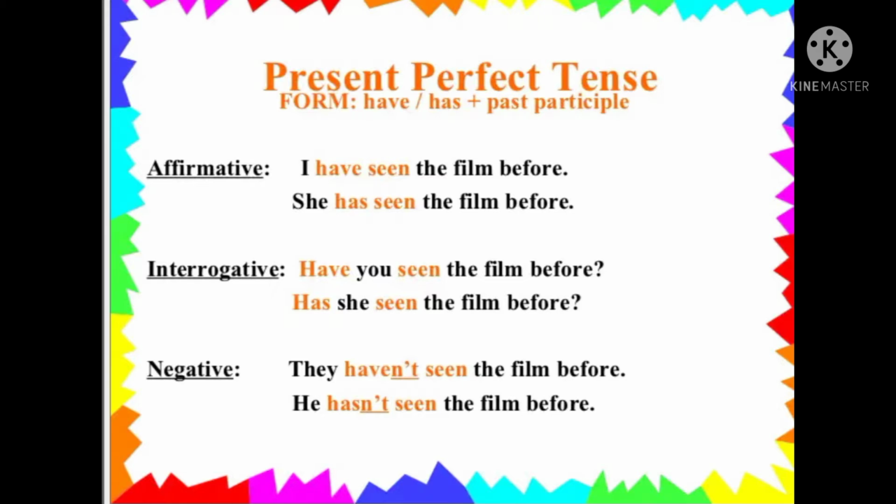That means in order to make an interrogative, first you have to use the auxiliary, that's have, at the beginning. Okay, and with third person singular, she, he, it, we use has. So when you frame the questions, you have to take have or has to the front. Negative sentences: they haven't, he hasn't.